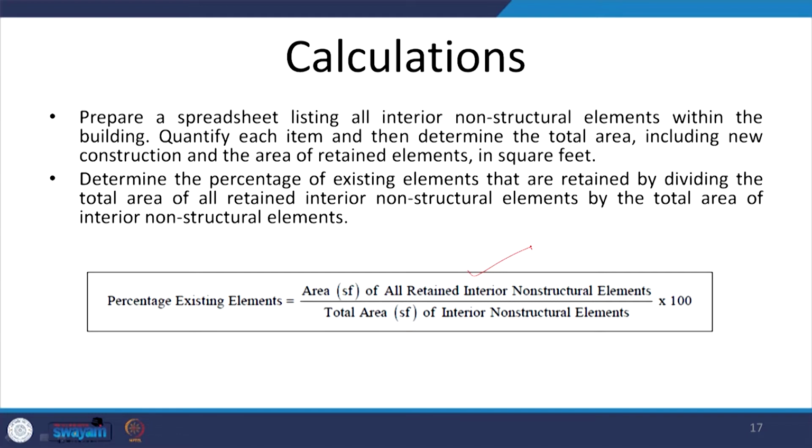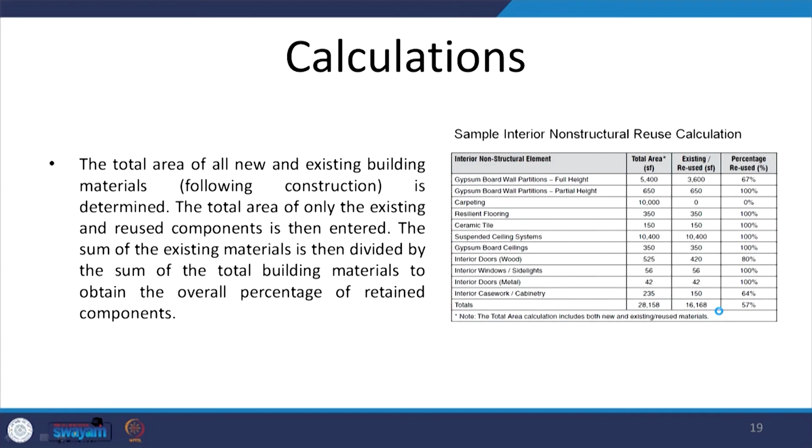And once we have done that, we calculate on the basis of the proposed design how much of the existing inventory can be reused, and we calculate the percentage of this reused component and calculate the overall percentage. Here again we are talking about the area of all the retained interior non-structural elements divided by the total area of the interior non-structural elements, and we calculate the percentage of it. So, the process has remained the same and the calculations also remain the same.